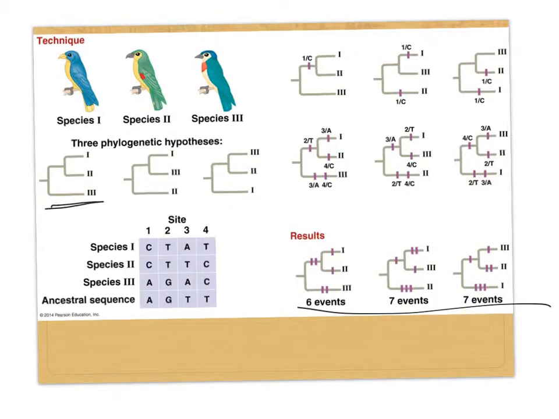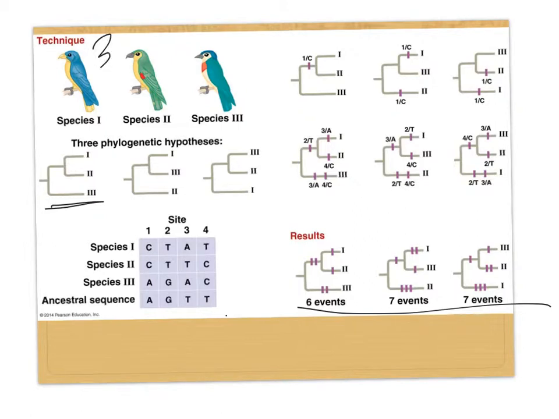It says that there were 6 events that happened. Well, let's take a look at the ancestral sequence and how many events had to happen between that and 1 and 2. Well, we know that there are 3 because A, C, T, G, T, A, and T, T. There's 3 different events that had to happen.